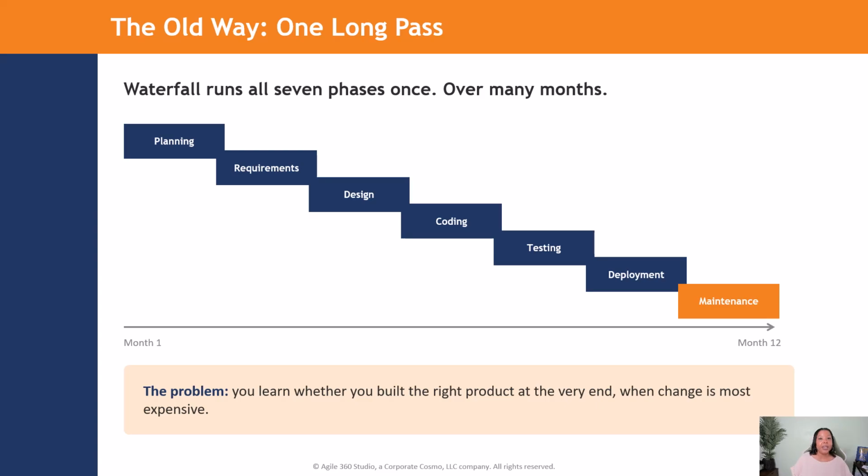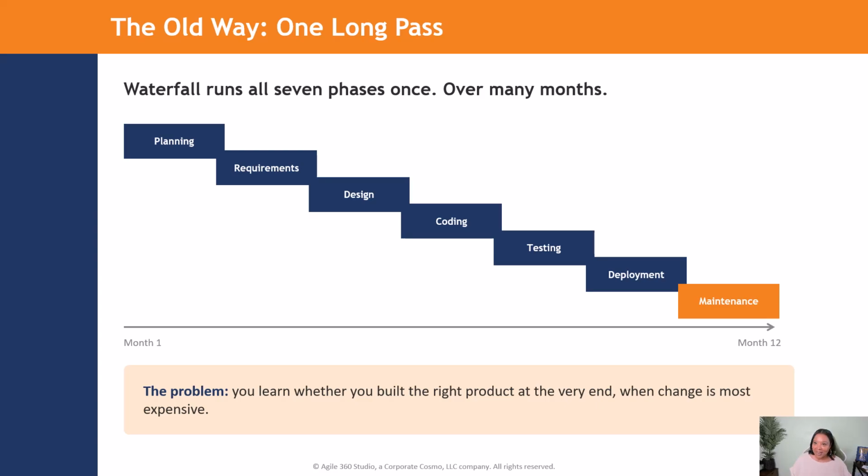For decades, teams have moved through those 7 phases exactly once per project. This is Waterfall. You plan everything up front, you gather every requirement, you design the whole system, then you build for months, test at the end, deploy, and just hope for the best. Each phase flows into the next like a waterfall, and you don't go backwards.